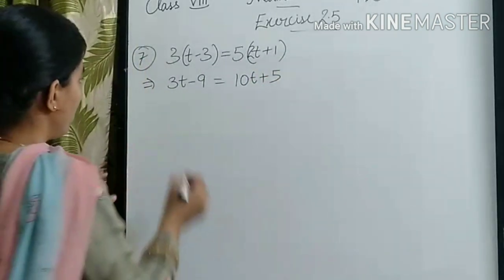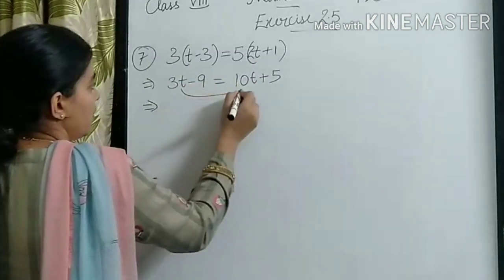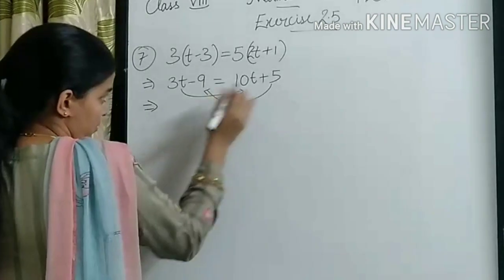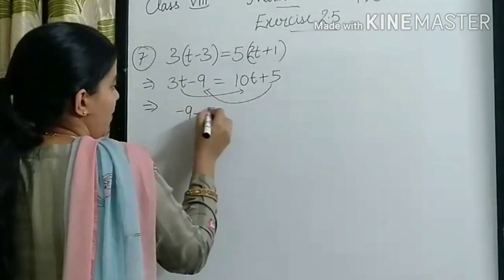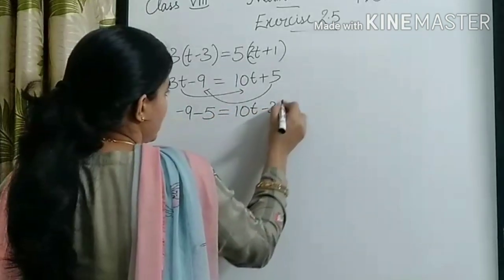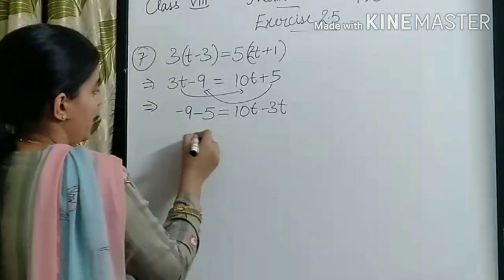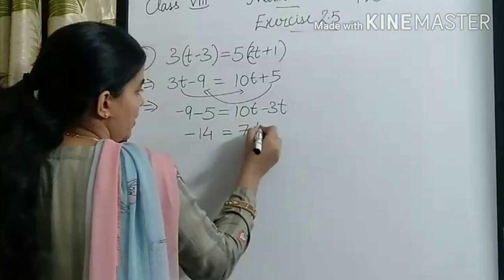Take the like terms on one side, just 3t if you take there and 5 you take here, then it will be 10, or you can take it here, 9 minus 5 is equal to 10t minus 3t. Minus 9 and minus 5 will become minus 14 is equal to, and this is 7t.